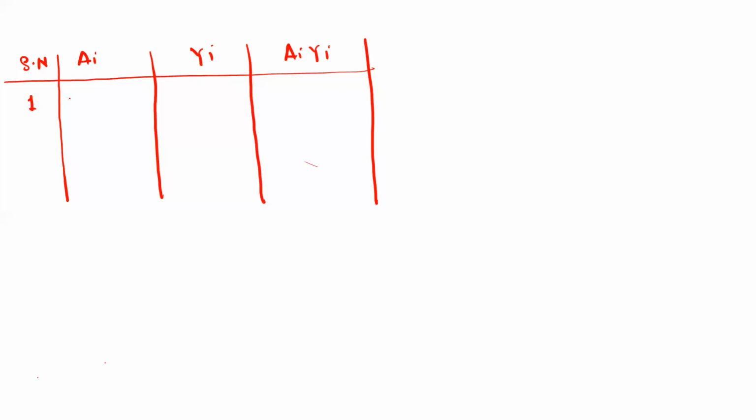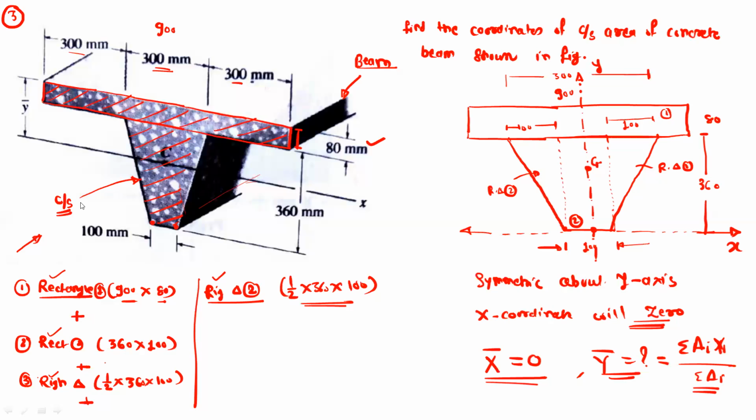So the first geometry is the rectangle one. Its dimension is 900 by 80. Okay, so get this value. Then the second geometry is rectangle 2, and its dimension is 100 by 360.